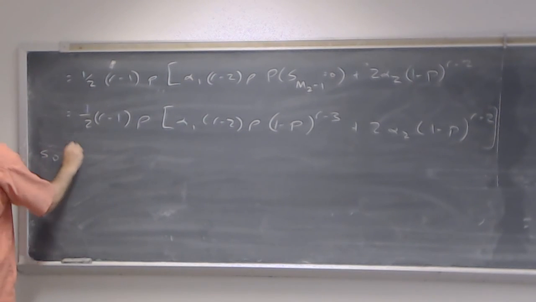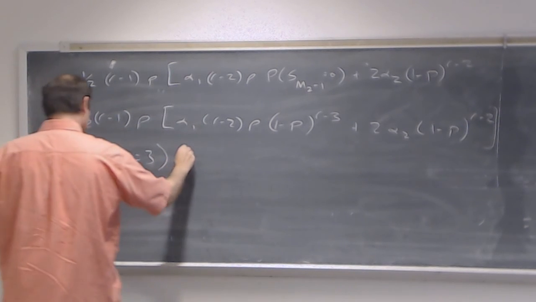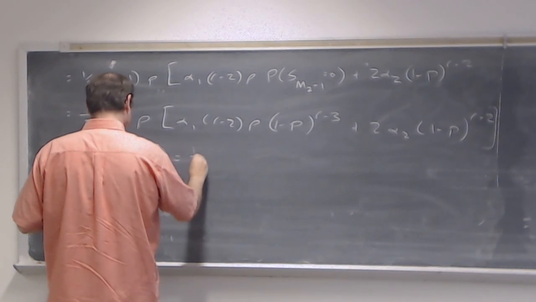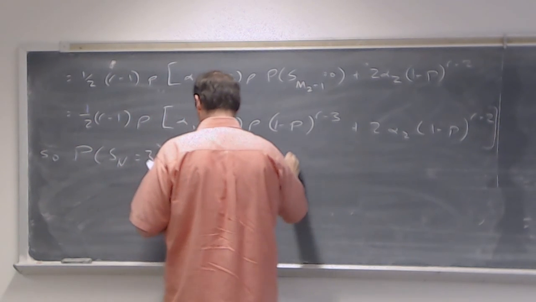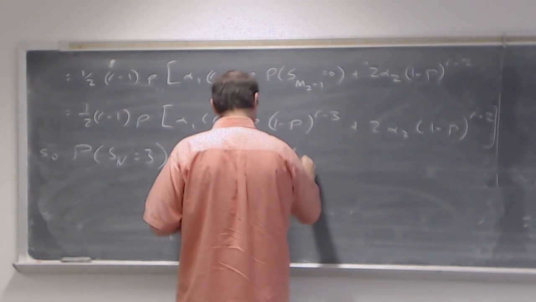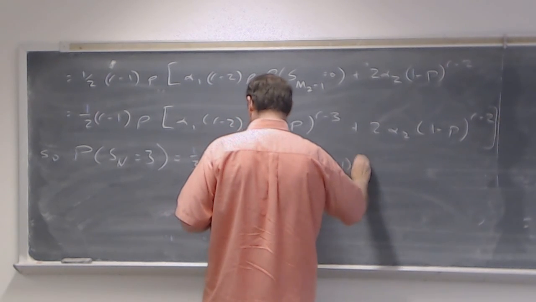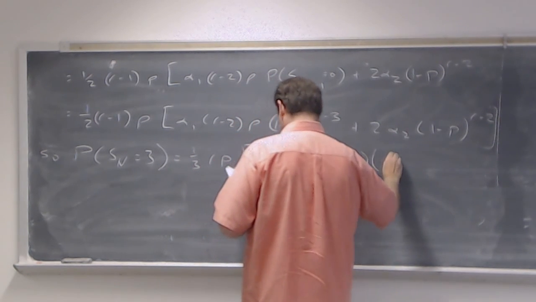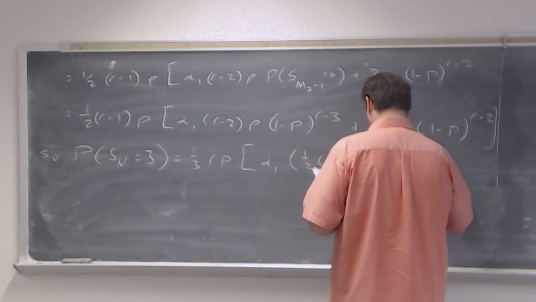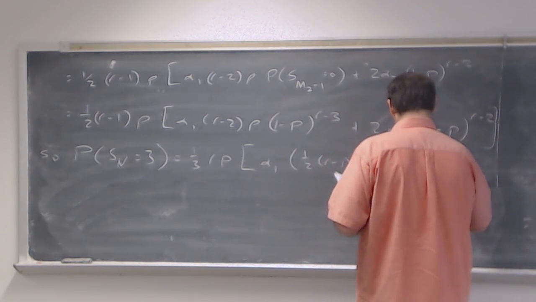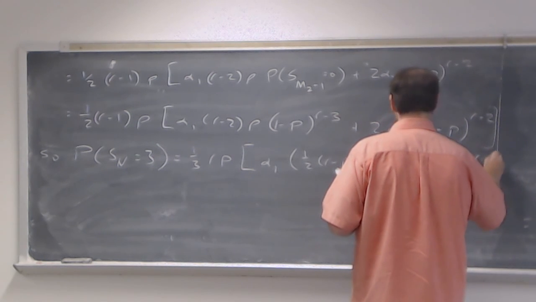So, the probability that S of n is equal to 3 is equal to, well, it's a mess, but it's 1/3 RP times alpha sub 1 times this one, 1/2 times R minus 1 times P times, it will be alpha sub 1 squared times R minus 2 times P to the 1 minus P to the R minus 3.